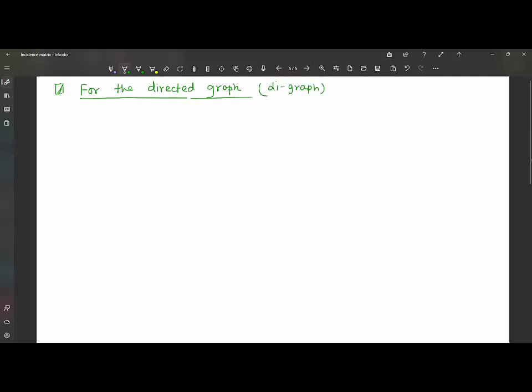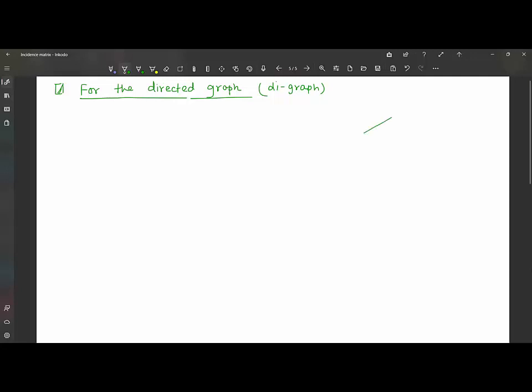So a digraph means a graph where every edge has some particular direction, and there is some basic difference here between the directed graph and the non-directed graph.